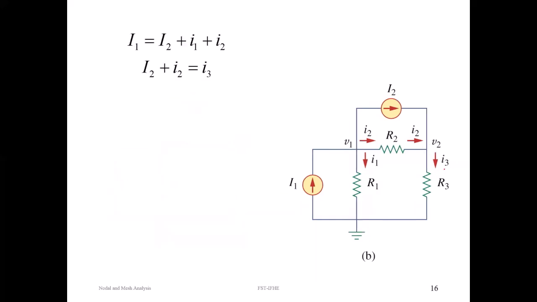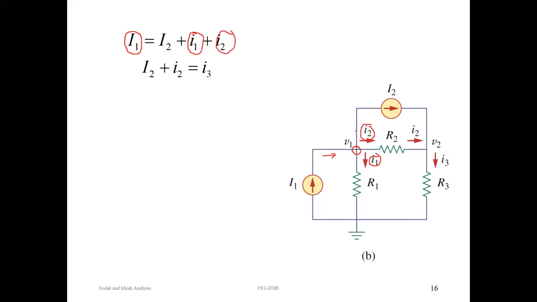First we apply KCL for node 1. You can see the incoming current is capital I1. What are the outgoing currents? One current flows through R1, that is small i1. Another current flows through R2, that is small i2.